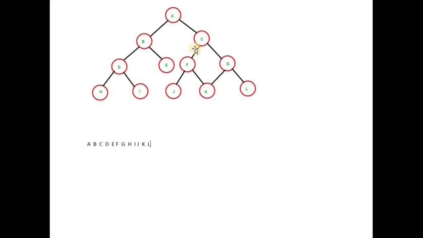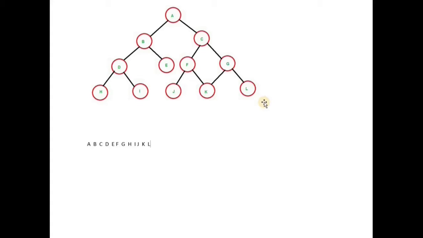So from A it is B and C, from B it is D, E, from C it is F, G, from D it is H, I, from F it is J, K, and from G it is L. K is already visited from F, so I am not mentioning that again.